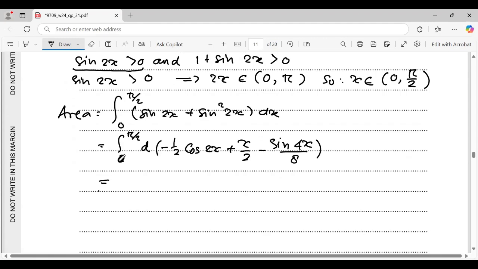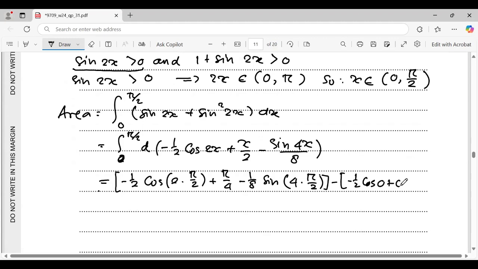And after that, substitute pi half and 0. If you substitute pi half into this x, it becomes minus 1 half cos (2 times pi half), plus pi quarter, minus 1 over 8 sin (4 times pi half), minus, this is minus 1 half cos 0 plus 0 minus 1 over 8 sin 0.